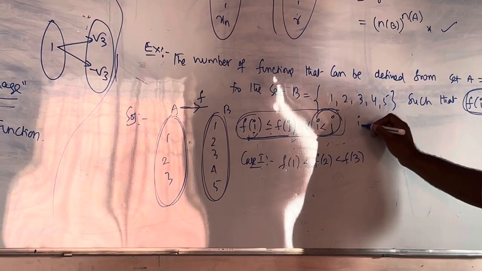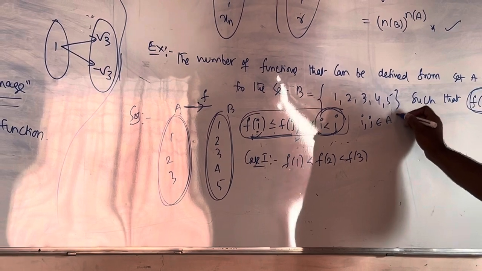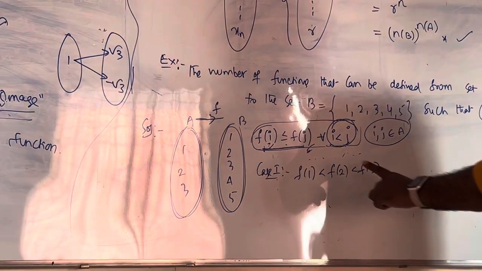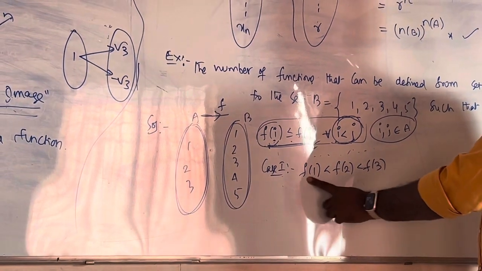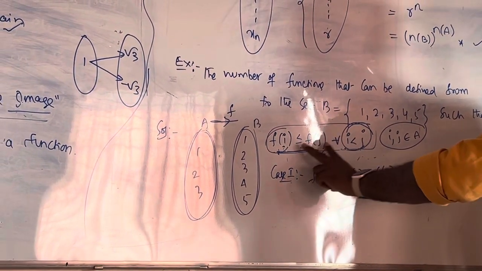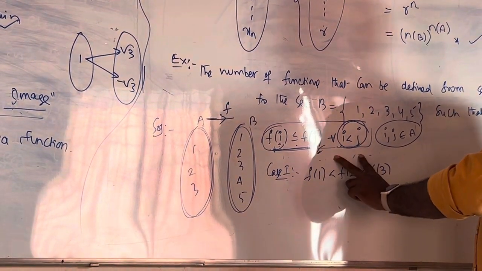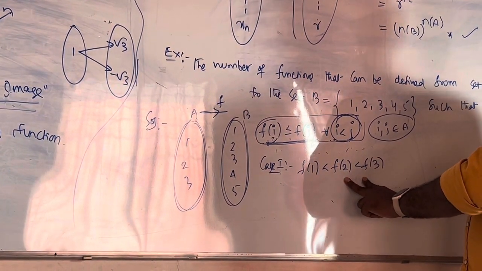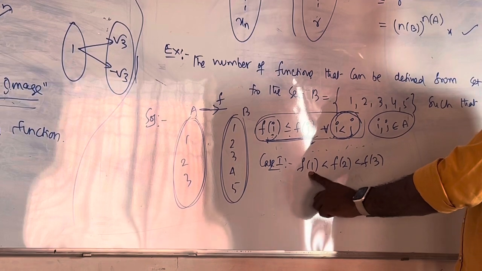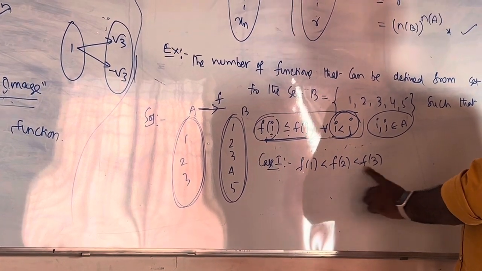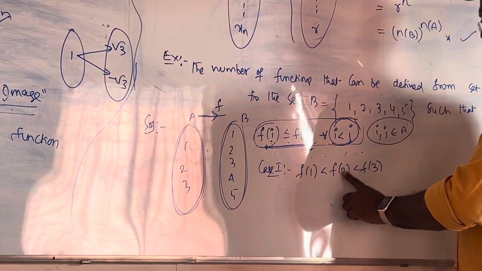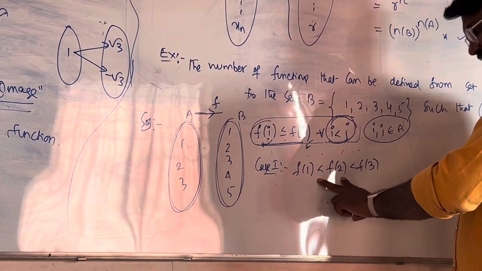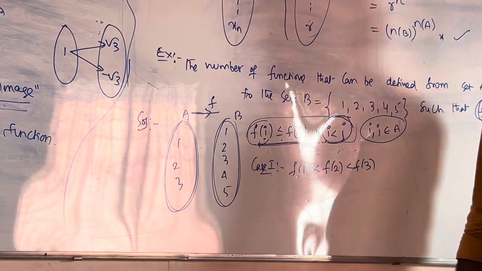As I said, both i and j belong to set A because they are inputs. If I take this one, we need to verify whether the condition is satisfied. If you observe carefully, in f(1) less than f(2) less than f(3), 1 is less than 2 and 2 is less than 3, and obviously 1 is also less than 3. So certainly this satisfies the condition.